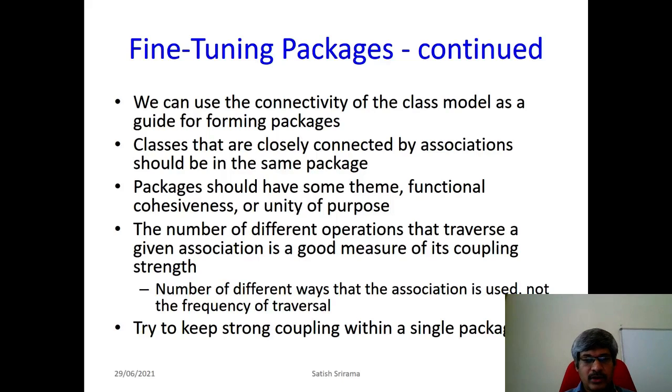I already talked about coupling earlier in this video. Consider the number of different operations that traverse a given association. If there is an association between class A and class B, how many operations in class A are actually using that association? This is a good measure for coupling strength.